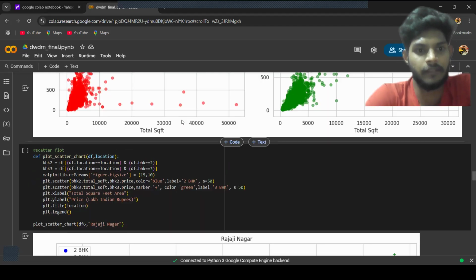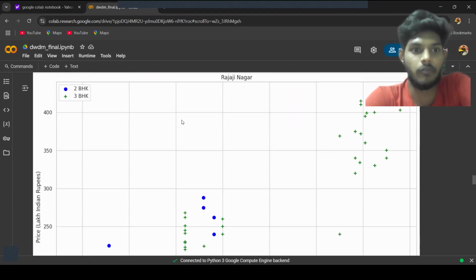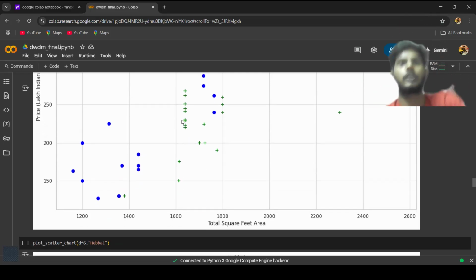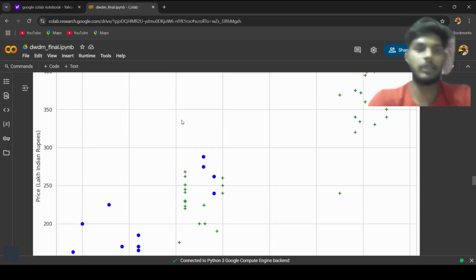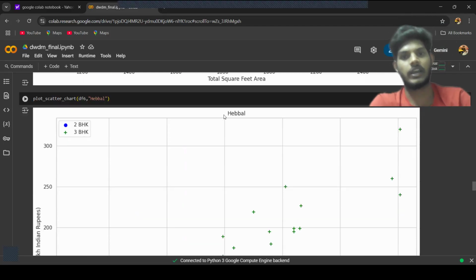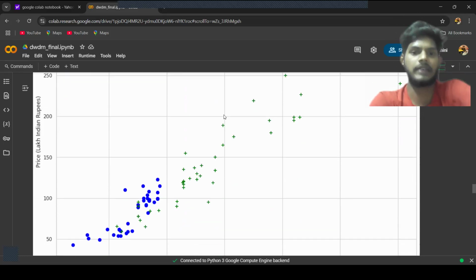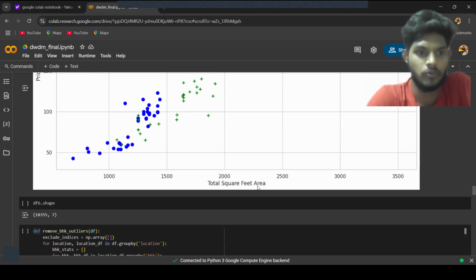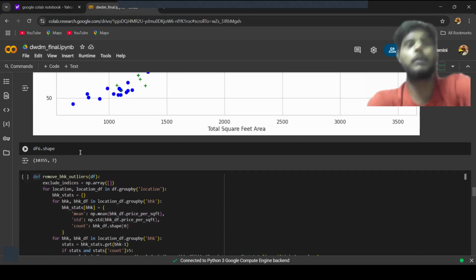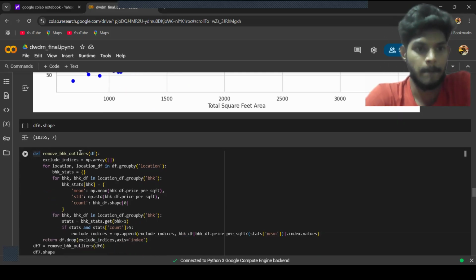Here we are taking, for a particular location, how many 2 BHK and 3 BHK there are with respect to the price and the total square feet area. And for the location available, we are seeing the same price and total square feet value. Before, we saw 10,335 after removing all the outliers.